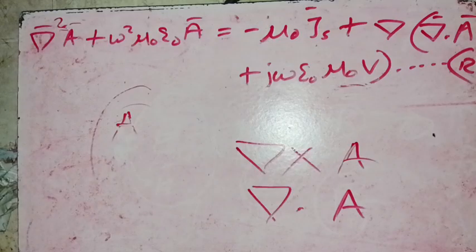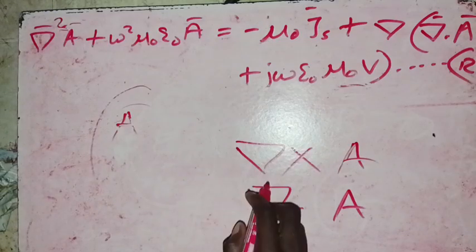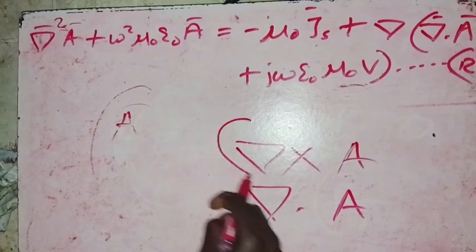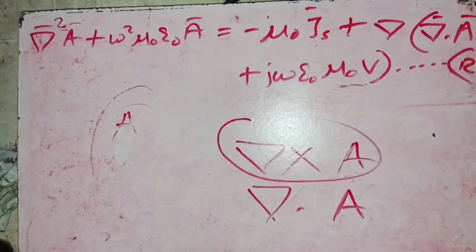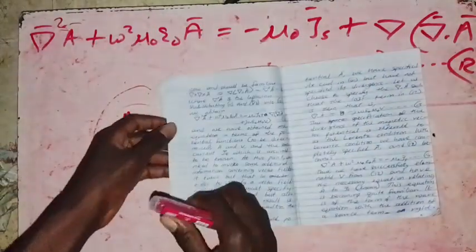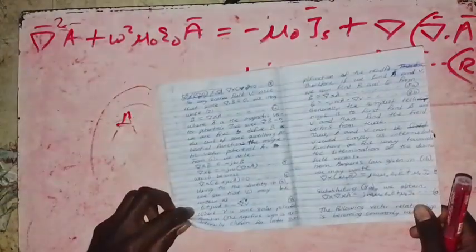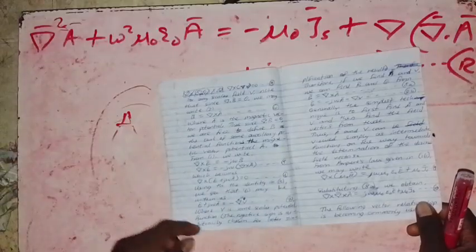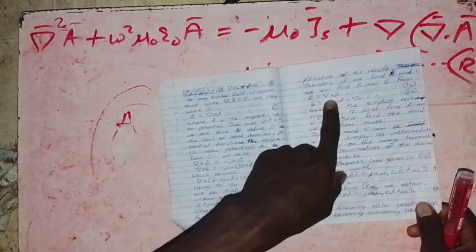Now looking at it, we've already done something that has to do with the curl of A. If you look at our previous equations, we have done something that includes the curl of A. Look at it here.